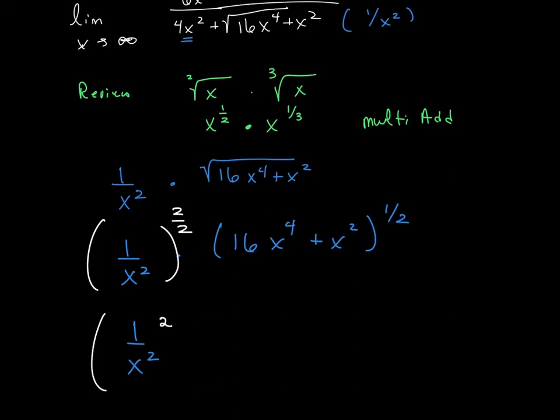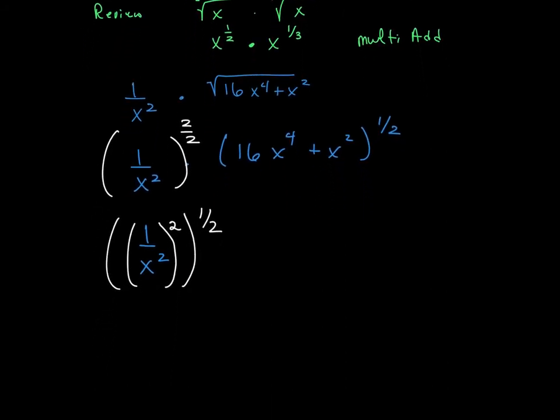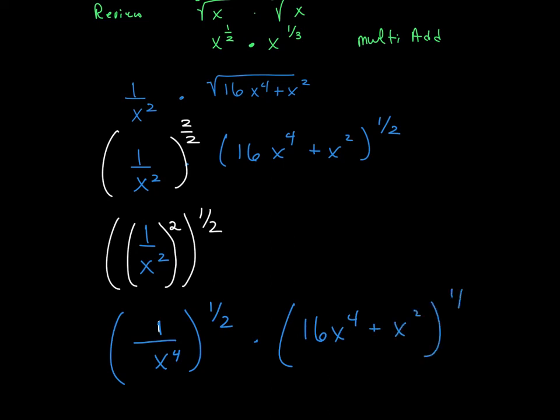I'm going to square the inside of this, and then on the outside take that 1/2 power, which now gives me 1 over x to the fourth, all raised to the 1/2 power, times 16x to the fourth plus x squared to the 1/2 power.